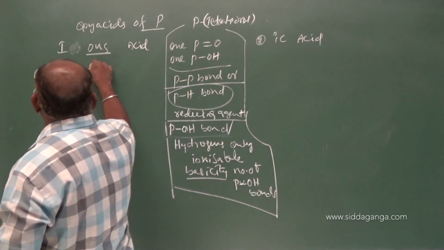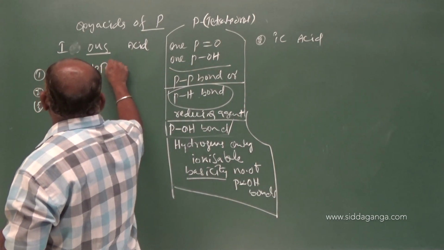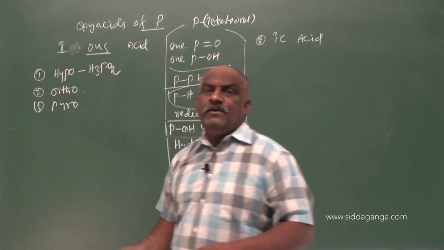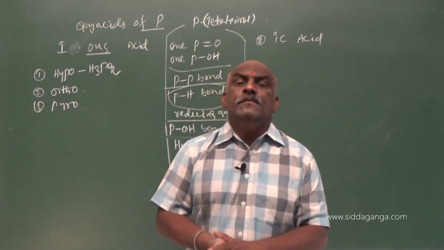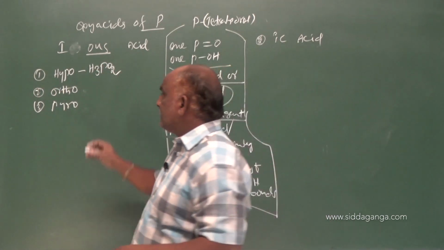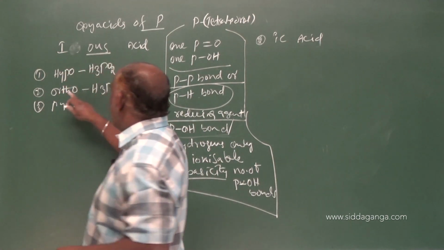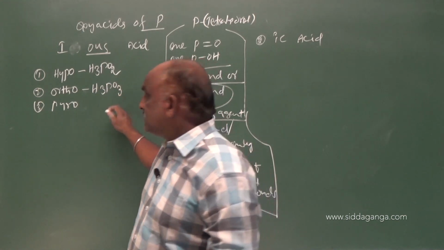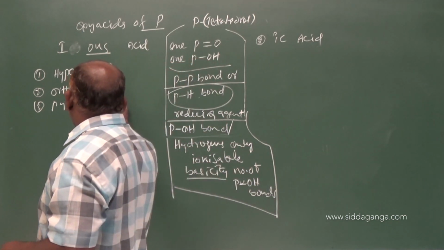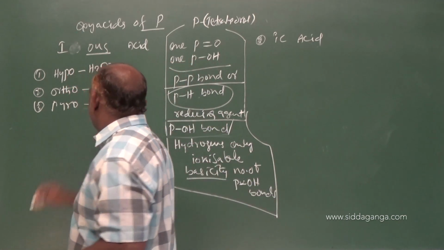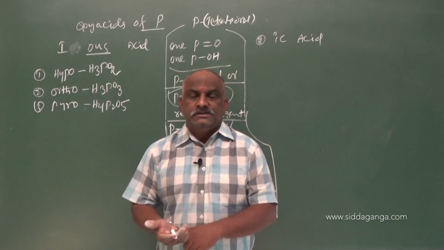Simple here. H3PO2 is called hypophosphorus. Next, H3PO3, orthophosphorus. H4P2O5, pyrophosphorus.